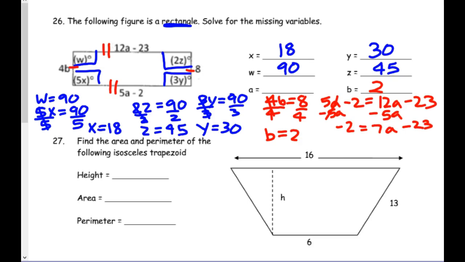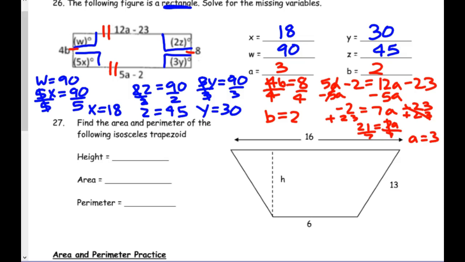Got a two-step problem, so I got to get rid of the minus 23. So I'm going to add 23, add 23. It's going to give me 21 equals 7a. Dividing by 7, a equals 3. Okay. Cool.